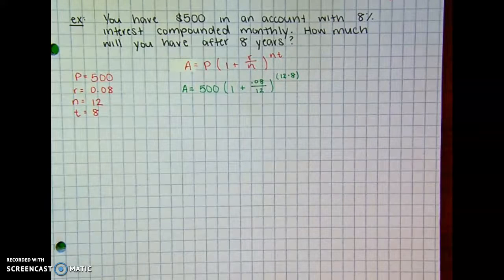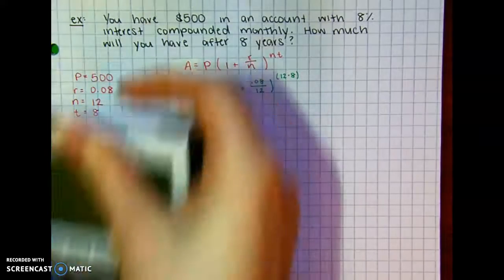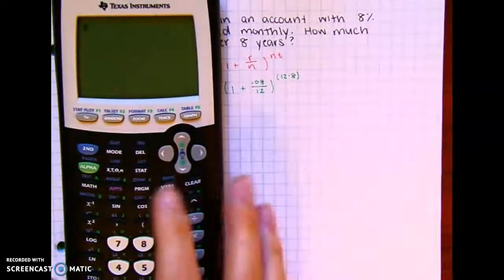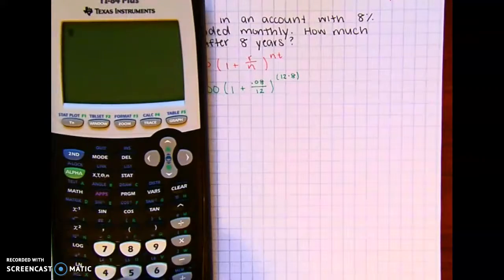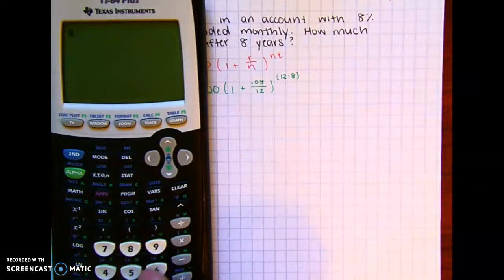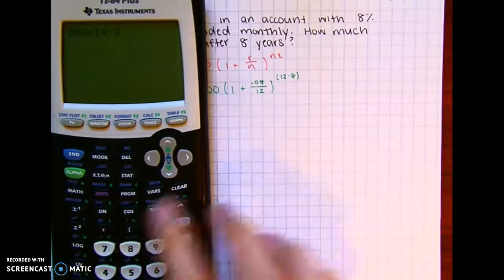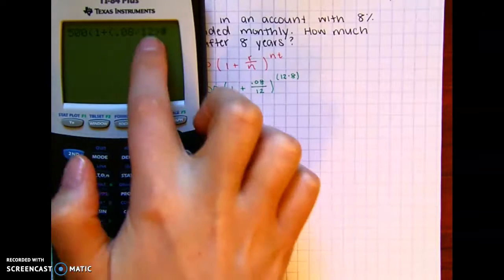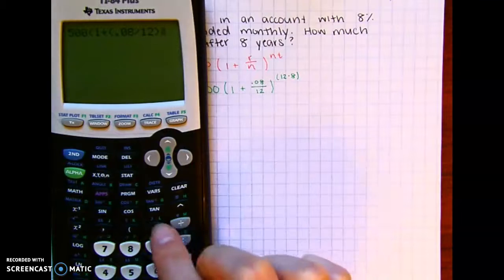All right, and we can just do this right in our calculator, in your computer. If I were going to do it all at once, I'm going to do 500 parentheses, 1 plus, and then I'm going to put this in parentheses to make sure it does this before it adds the 1.